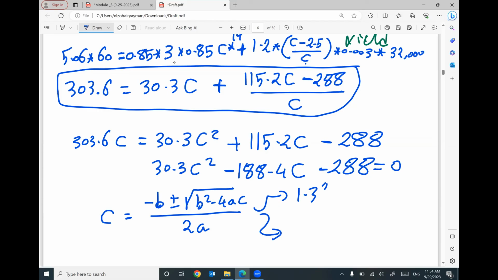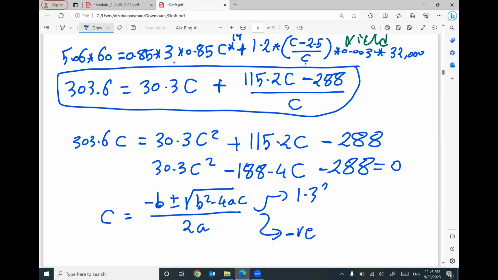B square, 188.4 square, minus 4 times A times C, under square root, plus negative B. Yes, the second one will give you a negative value. The second one will give you a negative value. Let me check also the first one. Looks like I have a mistake.